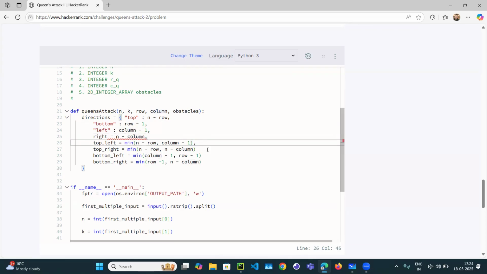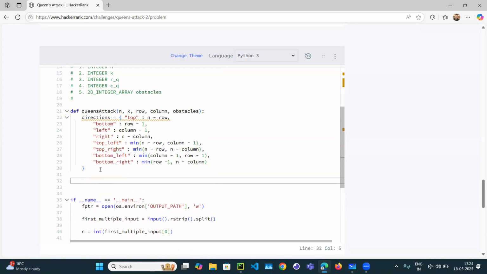You can use just a variable, or whatever you want, but eight variables doesn't look good, so let's just put everything in a dictionary.